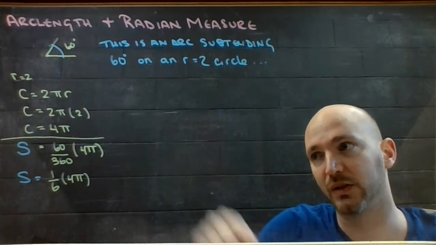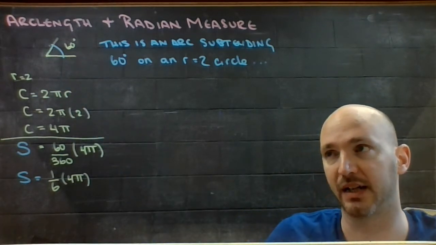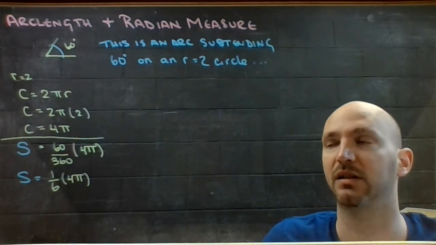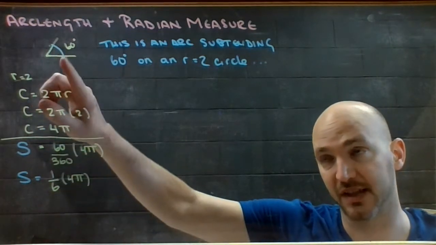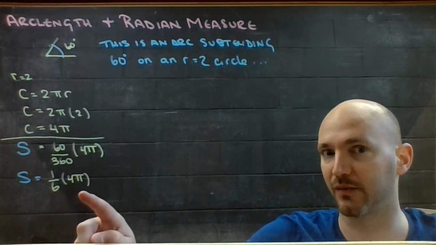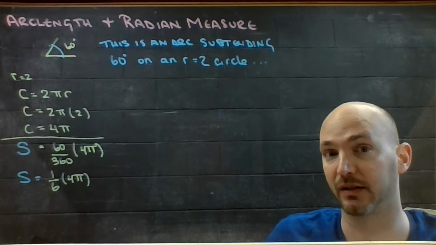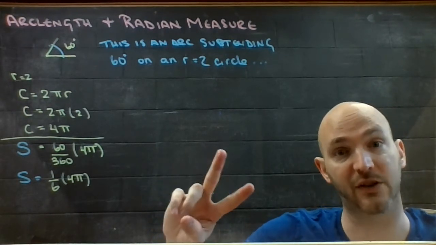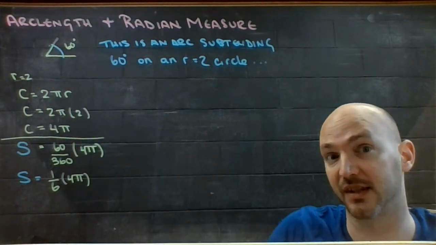This circle had a circumference of 4 pi, and 60 degrees is 1/6 of a circle. So the arc length of just this blue piece must be 1/6 of the full circumference. That's all we're doing. You get the circumference of the full circle, and then you take some fraction of it in order to get just this little arc there.